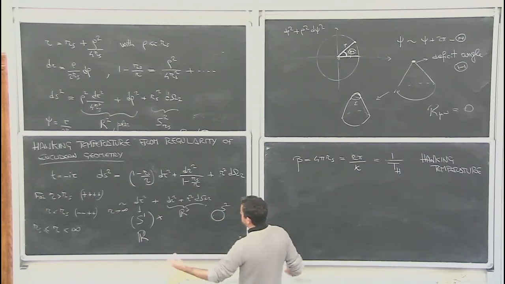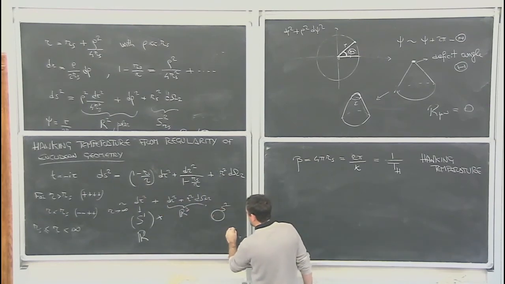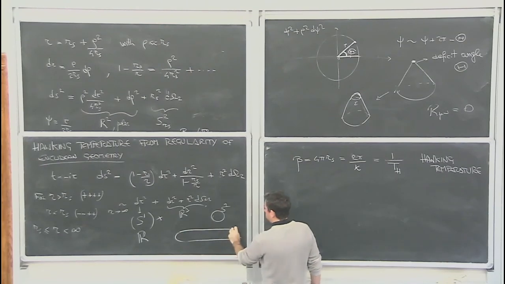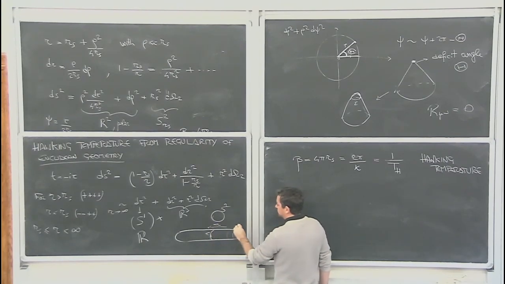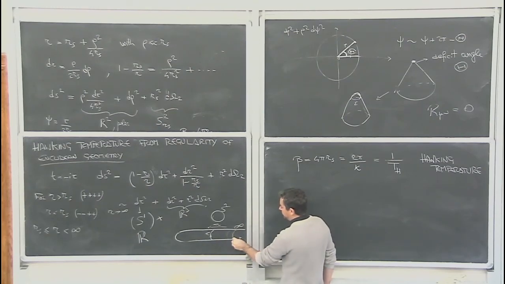But globally, if I take this space and I impose this periodicity, it looks like a cigar. This is tau. This is R. R extends up to infinity, so it's an infinite cigar.